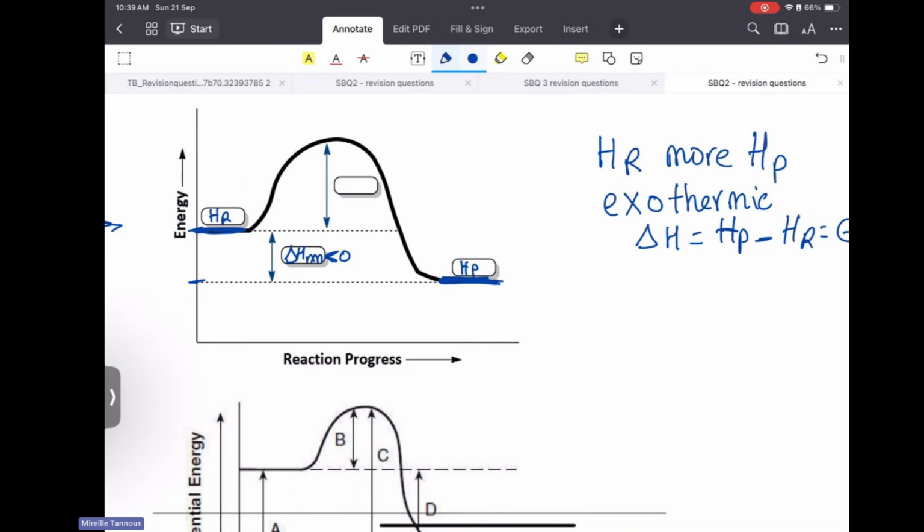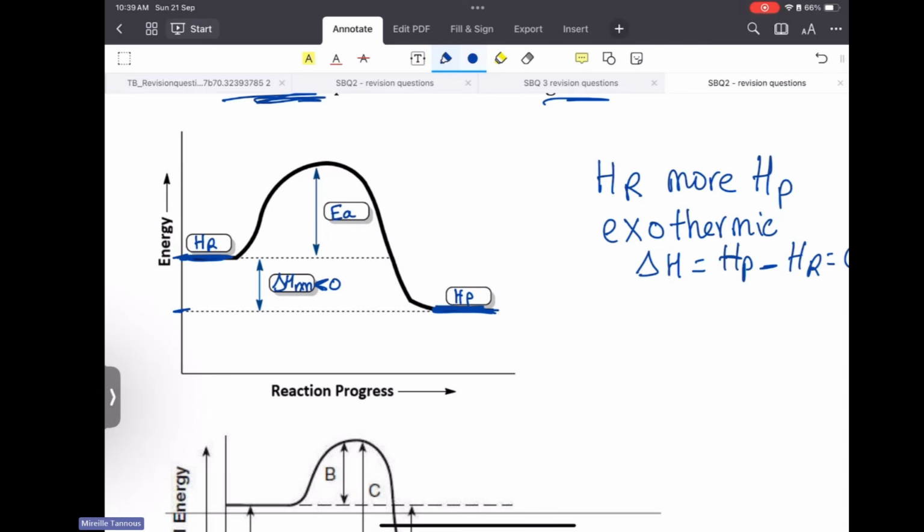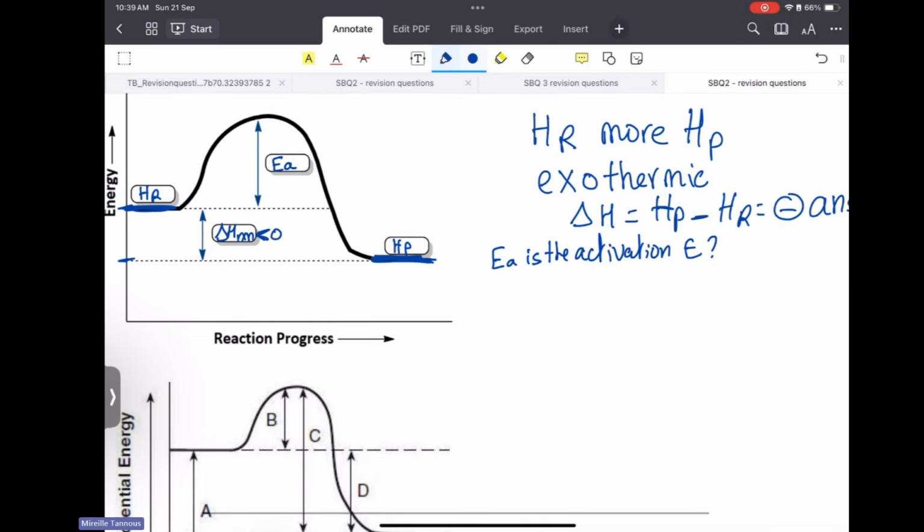Now, from here till here, which is this arrow over here, this is what we call activation energy. EA is the activation energy. What does activation energy mean?